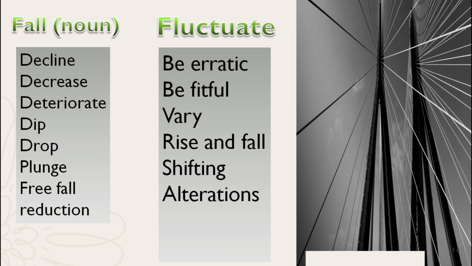Few noun for the fall word as well, like decline, decrease, deteriorate, dip, drop, plunge, free fall, and reduction. If there are values which are showing fluctuation throughout the trend, you can use the word it stayed erratic, it stayed fitful, it varied throughout the time, there were few rise and fall, there were some shiftings, or there were some alterations throughout the year.